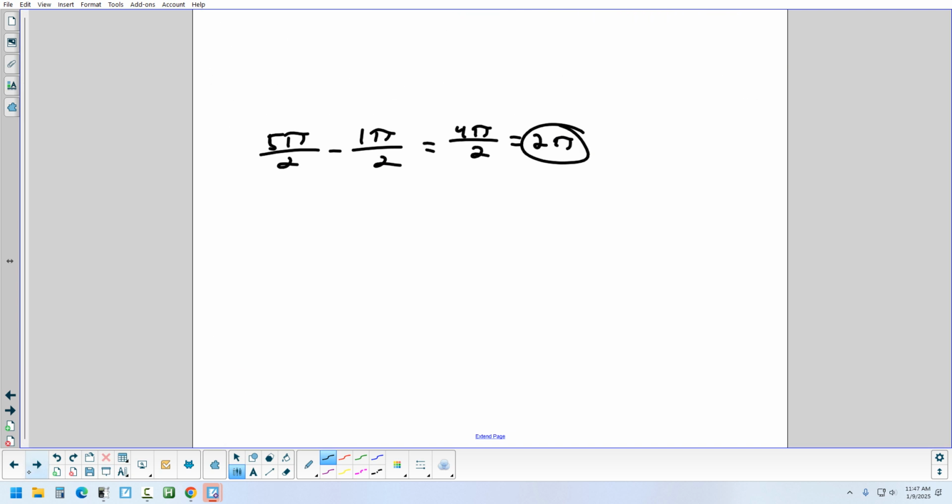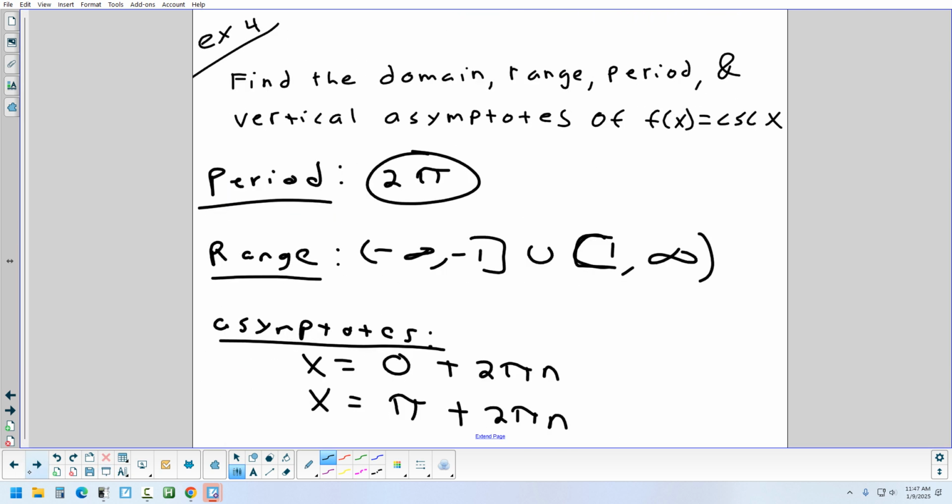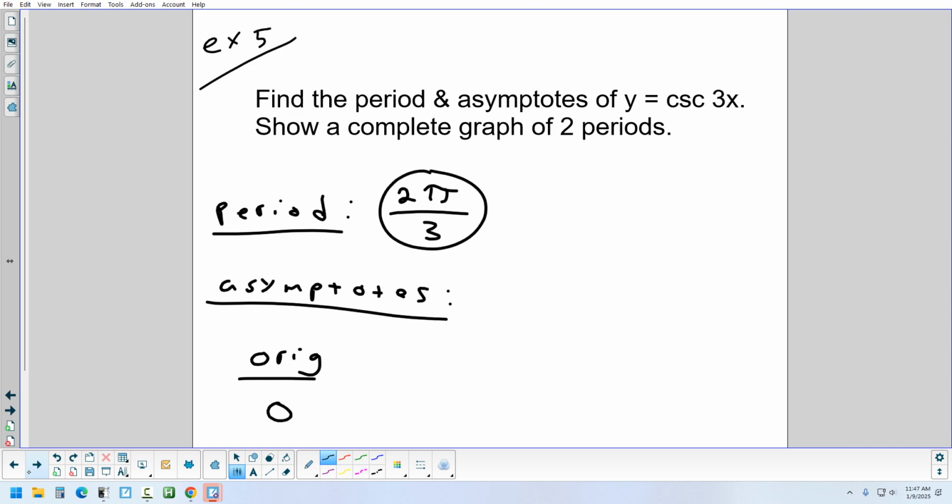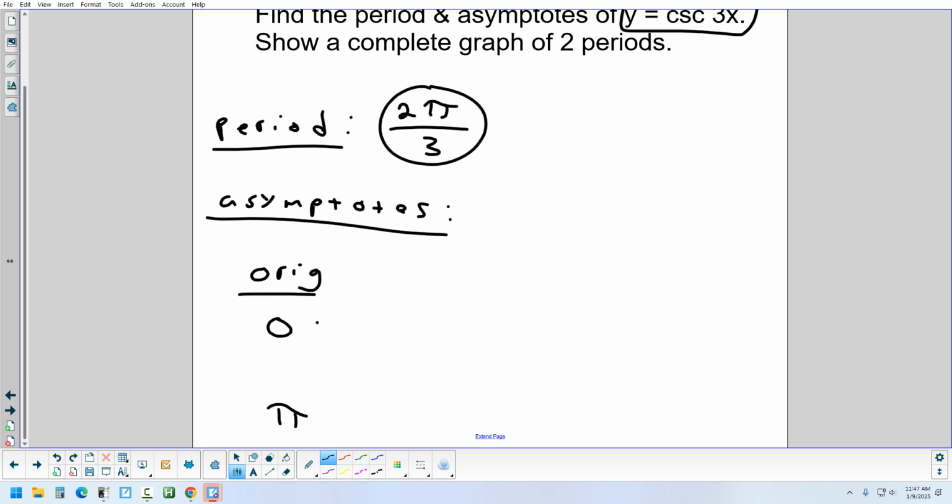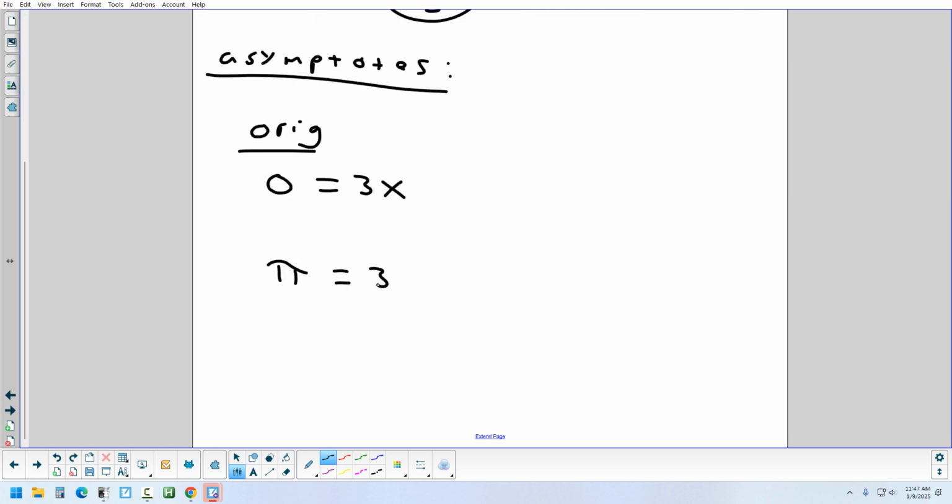Okay, did that. Set each asymptote equal to the argument and solve. So now let's do that. What is the argument in that equation? 3x. You're going to set each asymptote equal to 3x and solve. That's going to tell me the new location of each of those asymptotes.